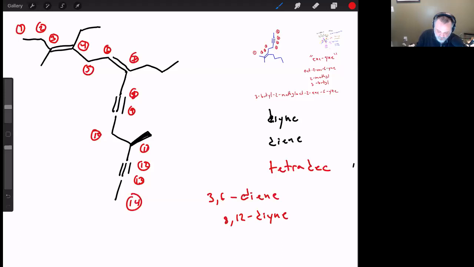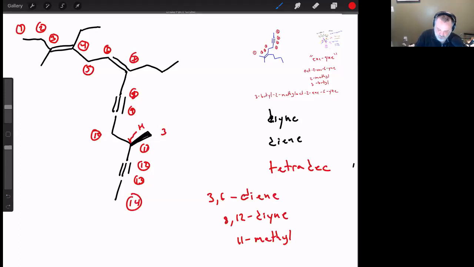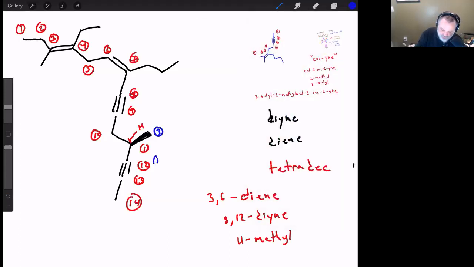I've got a methyl group in 11 position. It looks like it is a 3. This is third priority. I think this is priority number 1. This is priority number 2. So it's 1, 2, 3. That looks like an R to me.